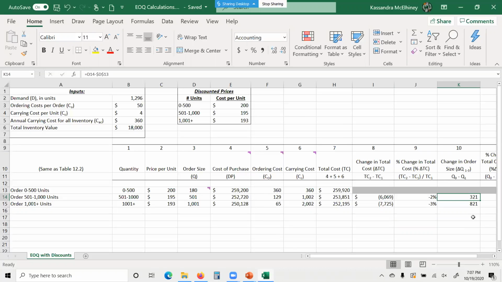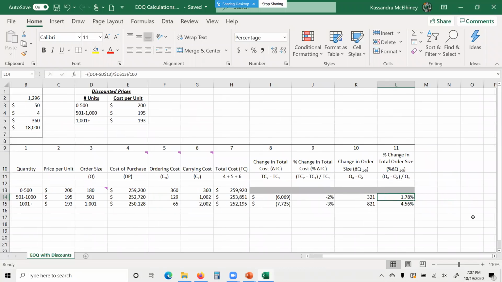So we're ordering 321 more units of goods. And how big of a percentage change is that? That'd be the difference times our percent change in total order size.